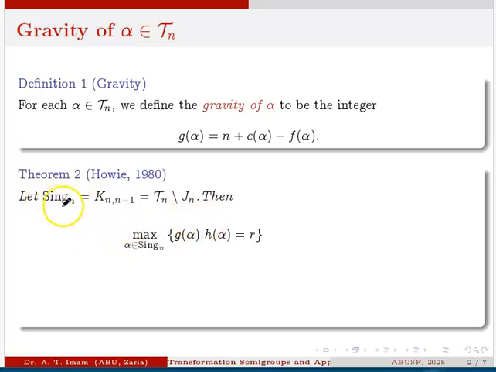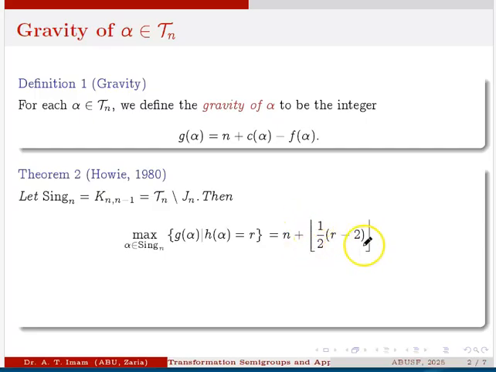So if we denote by Sing n the set K(n, n-1), then the maximum gravity over all elements in Sing n of height r is equal to n plus the ceiling of (1/2)(r minus 2).